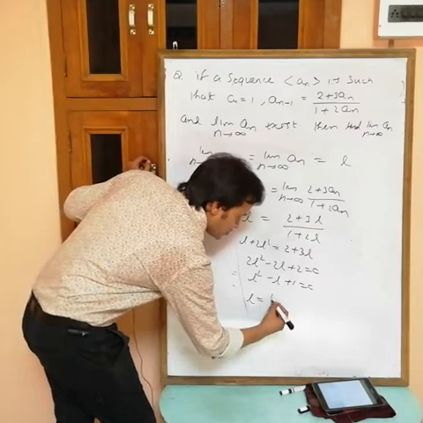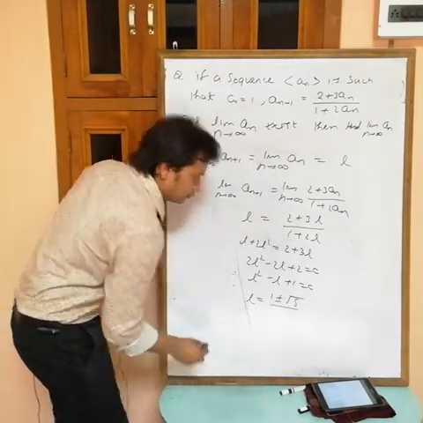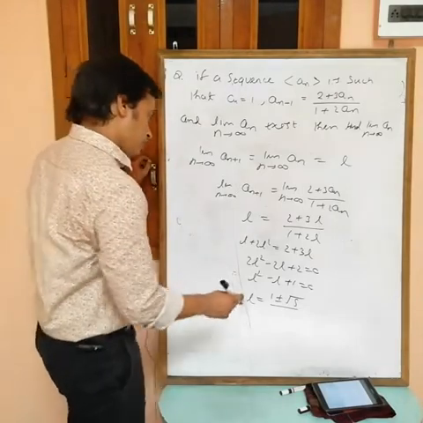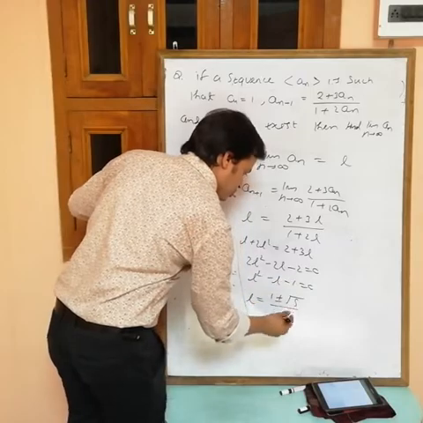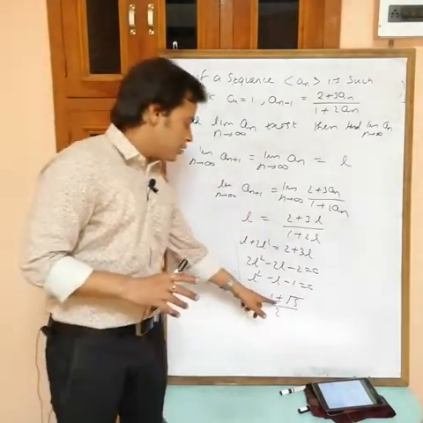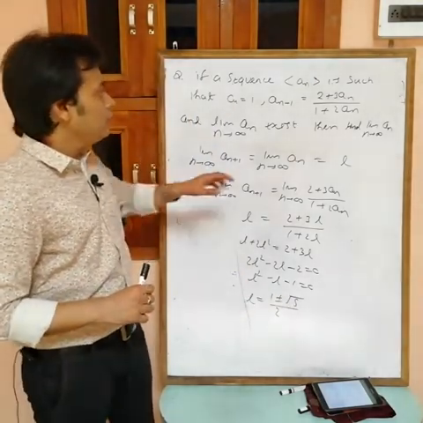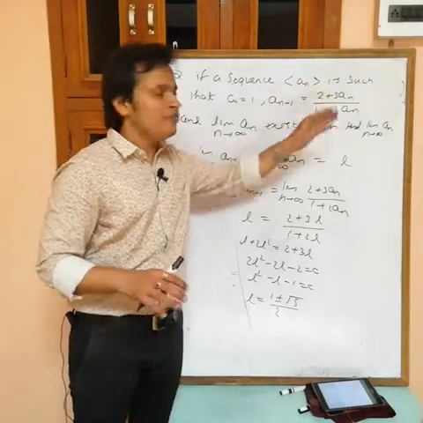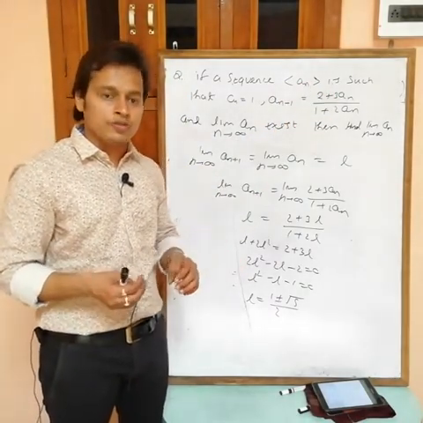The value of L is (minus b plus minus root of b square minus 4ac) by 2a. Here b is minus 1, then b square minus 4ac is 5, divided by 2. Now L can't be negative. If you take the negative sign, then (1 minus root 5) by 2 is negative. Why can't L be negative? Because if you put a1 equals to 1, then we get a2 positive, then a3 is also positive.